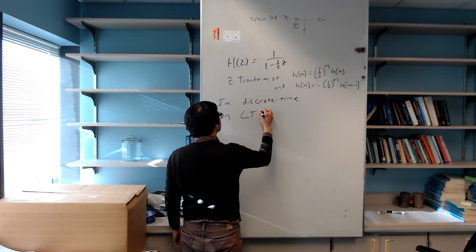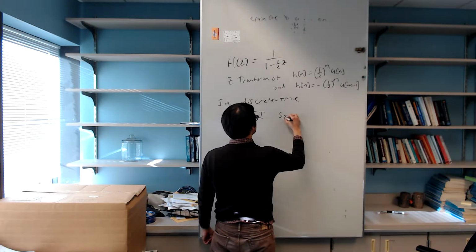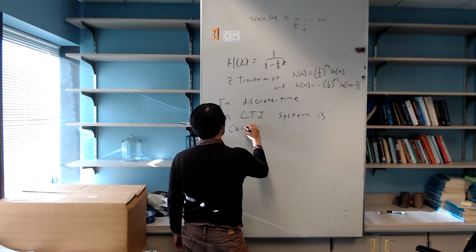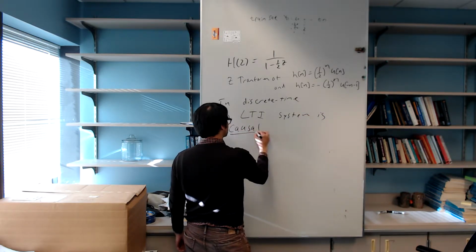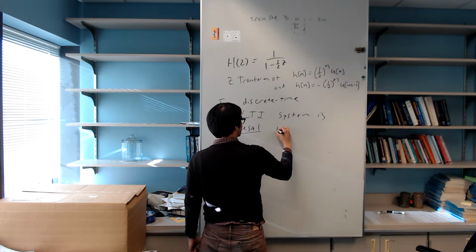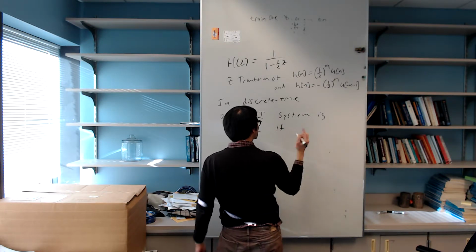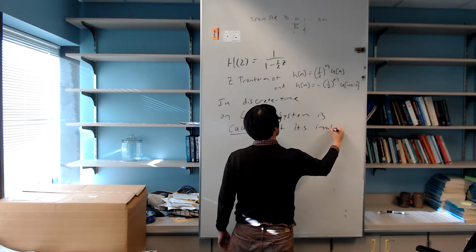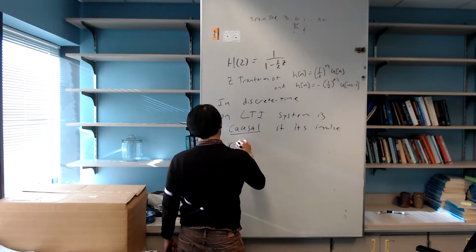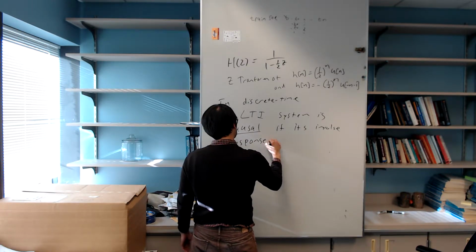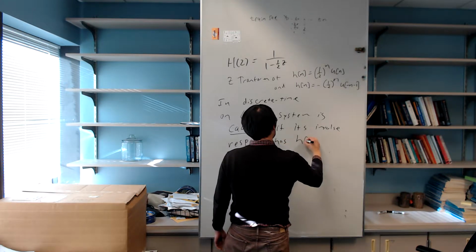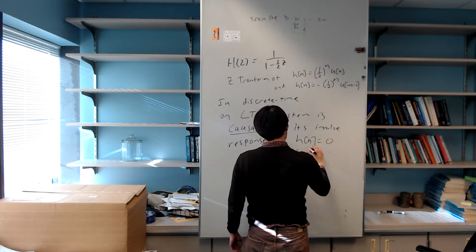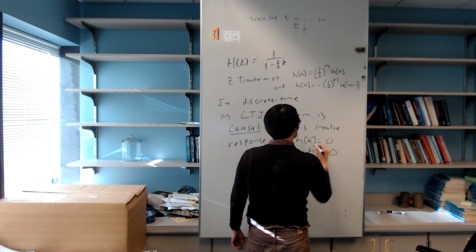an LTI system is causal if its corresponding impulse response has h of n equal to 0 for n strictly less than 0.